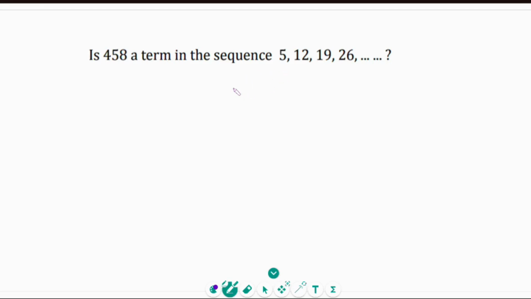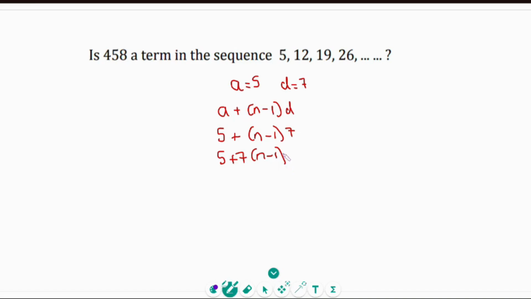Okay, so what's the nth term? A is 5, D is 7, 5 take away 7 is negative 2.